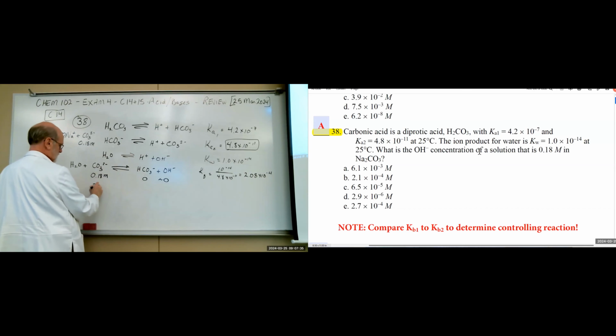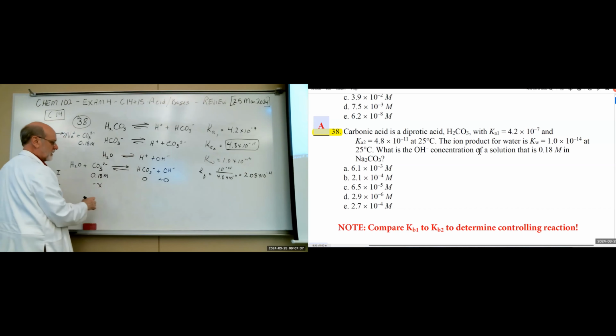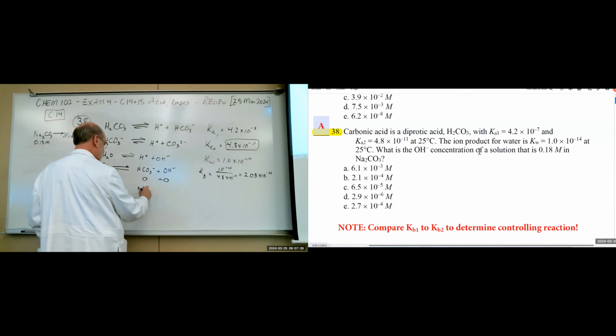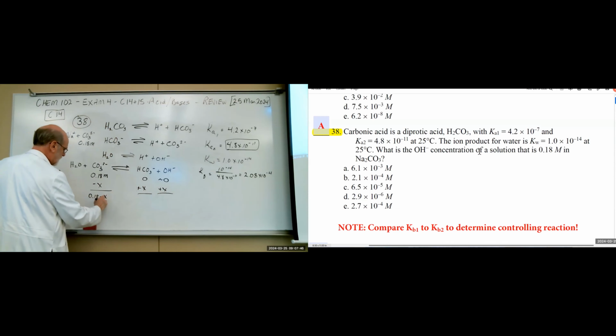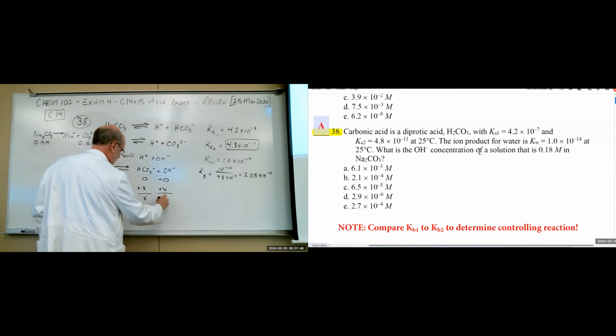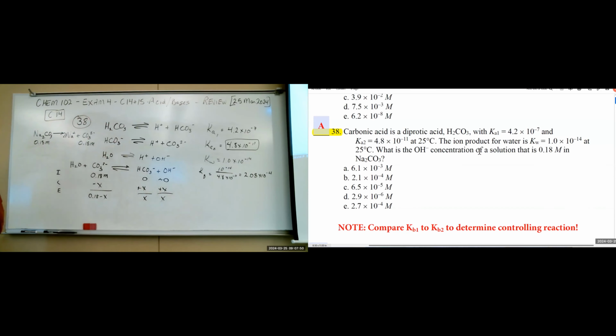We're going to lose some there, and it's going to show up over here. Right, so 0.18 minus X and X. Okay. All right, now I need some more room, so I'm going to erase this one and put it over here.